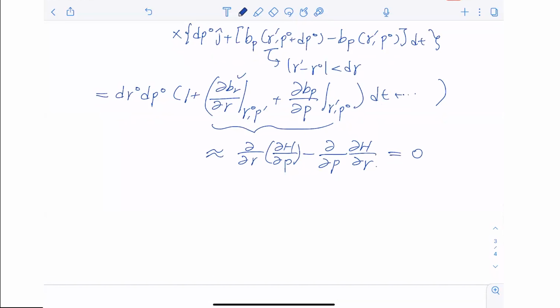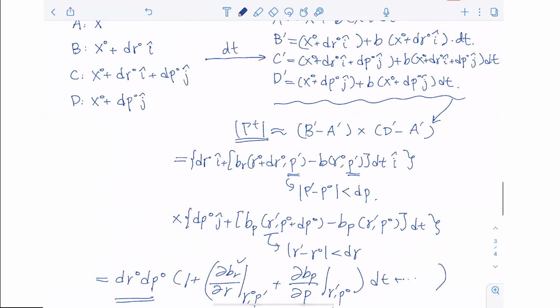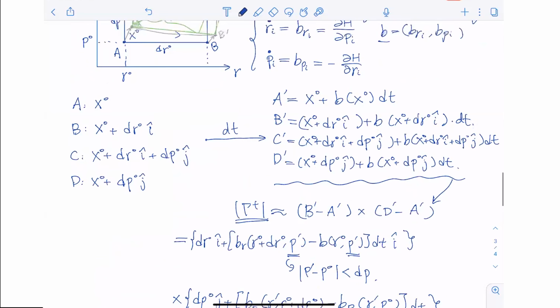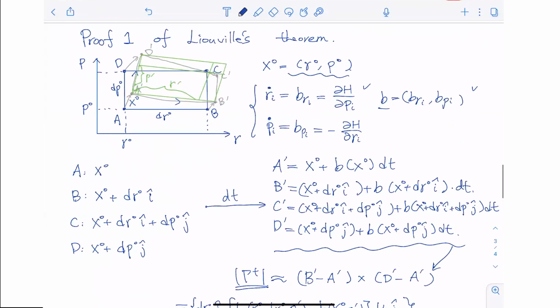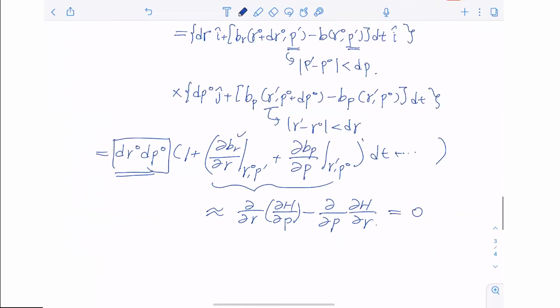So that means that at the leading order, the evolved volume will basically be identical to gamma 0, basically the initial volume that we start with. But the correction will be due to a little bit of change of the shape, and also higher orders of dt.